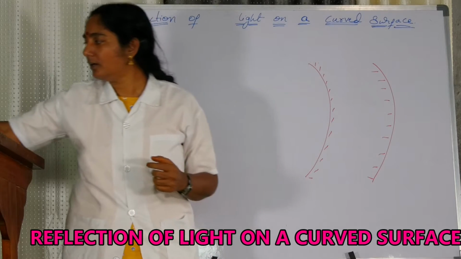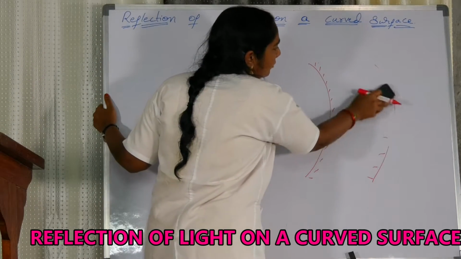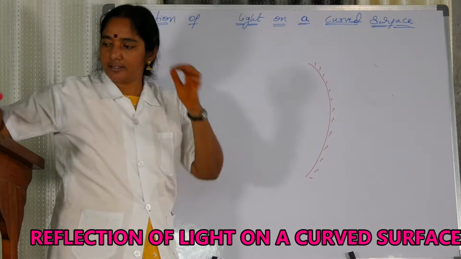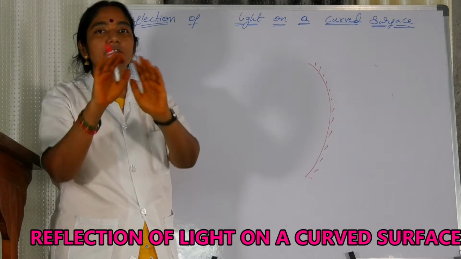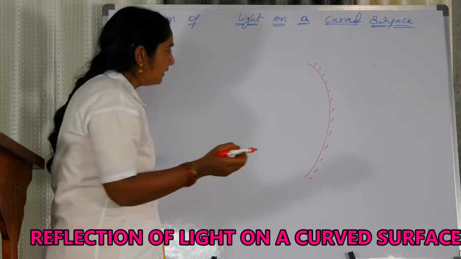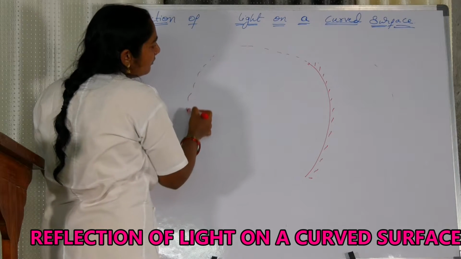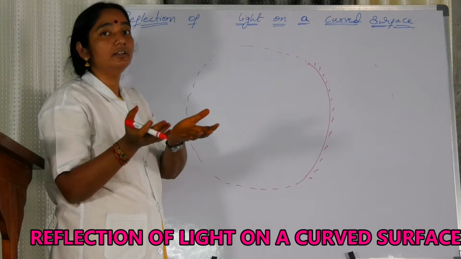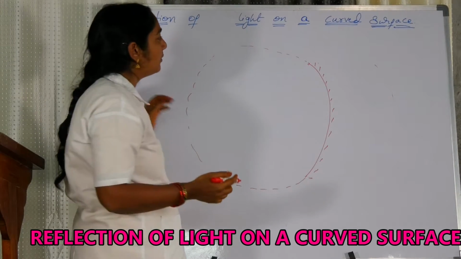So let us take one example. Now let us have a discussion about a concave mirror. In that particular case, you are taking this mirror from a ball, from a sphere. I am able to draw only a two-dimensional figure, but we have to imagine it in a three-dimensional figure, like a lemon, like any kind of spherical body.